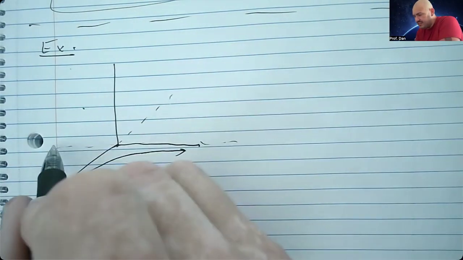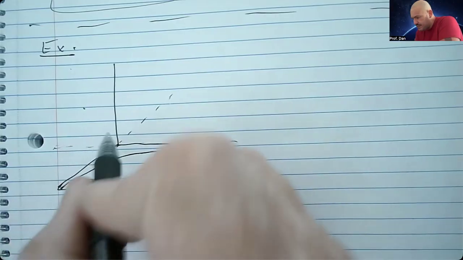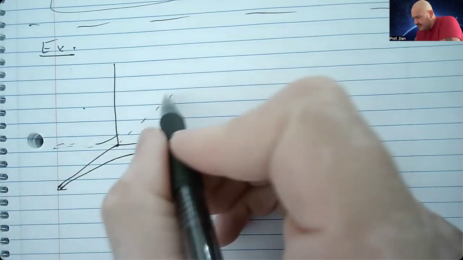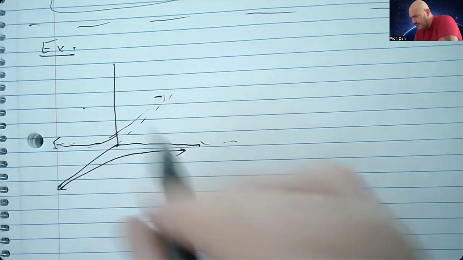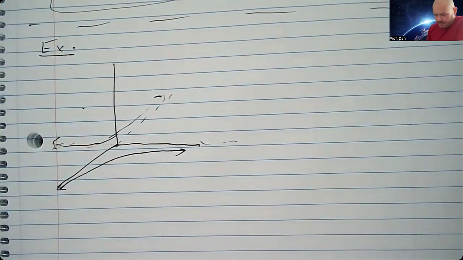Then there was a graph down here in the third quadrant of the xy plane that basically had similar properties. It's just a reflection.